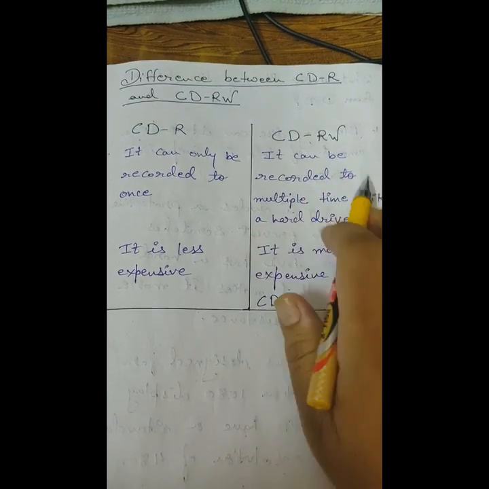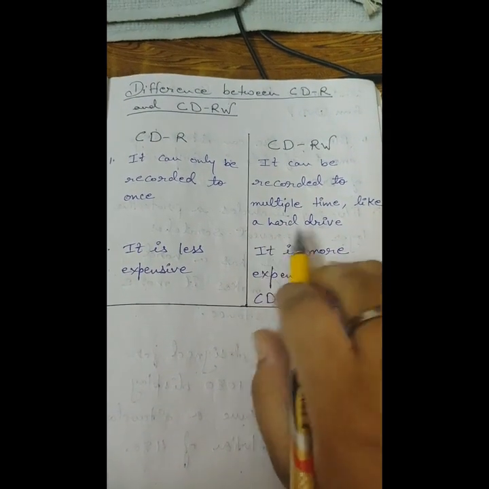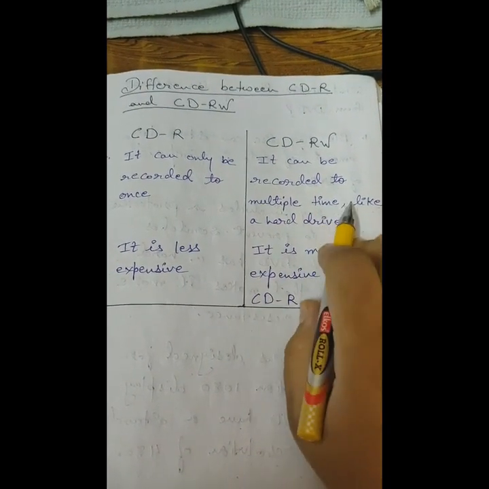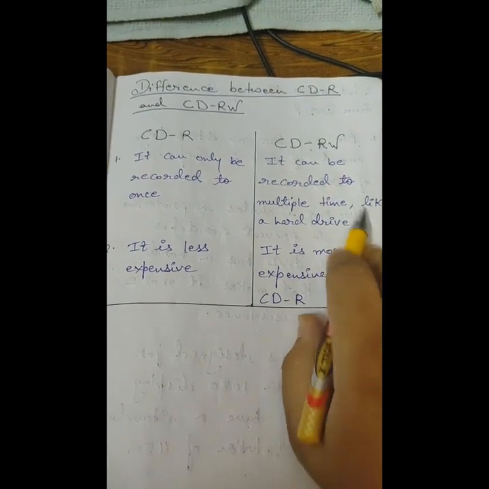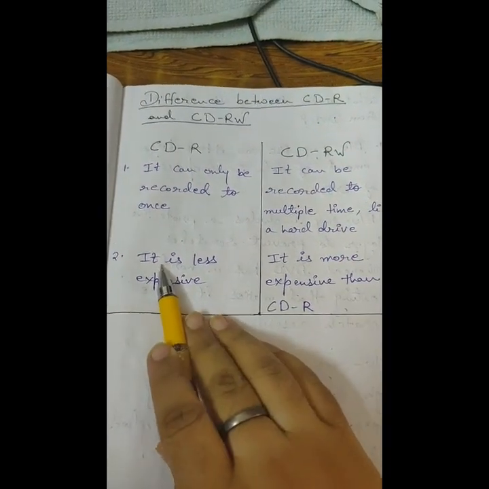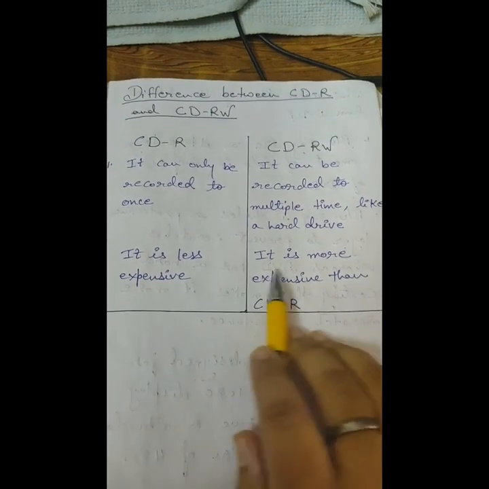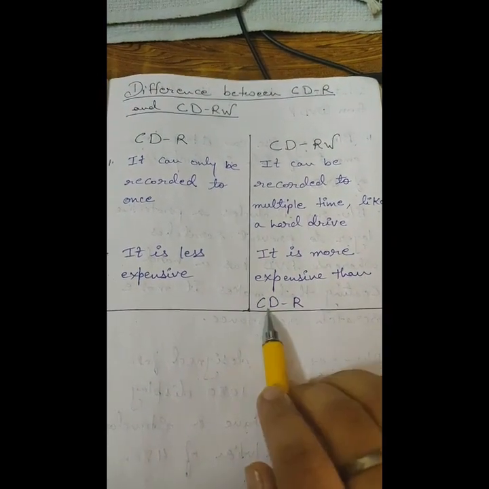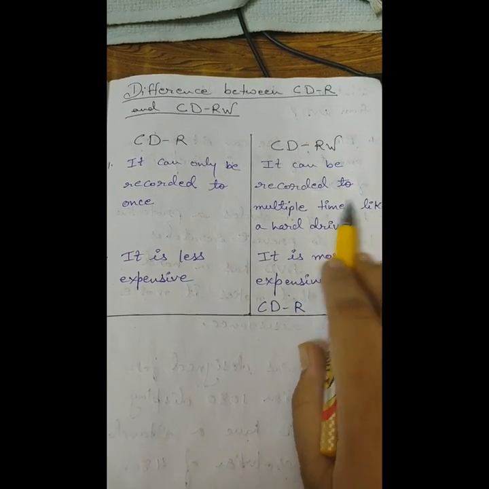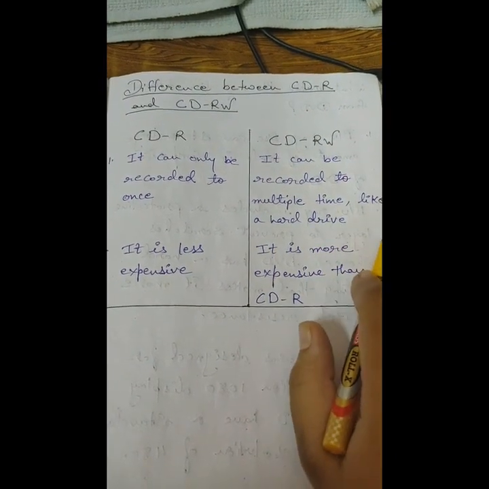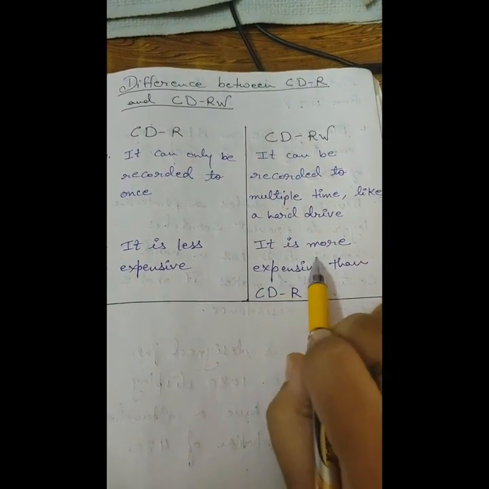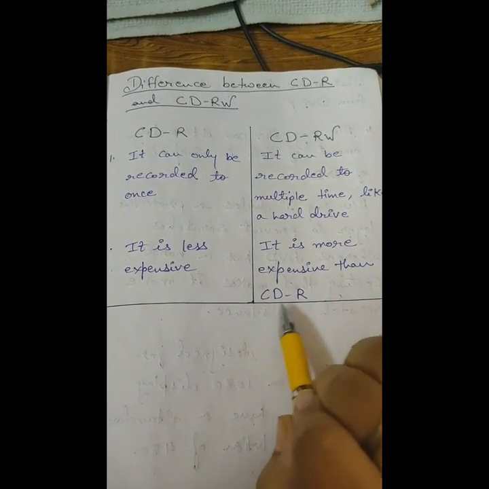CD-RW can be recorded to multiple times like a hard drive. We can save our data multiple times and we can edit it. It is more expensive than CD-R because of its ability to record multiple times.